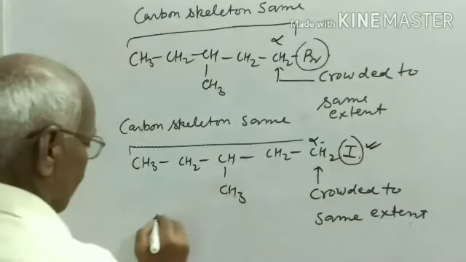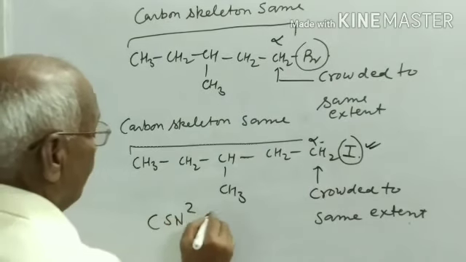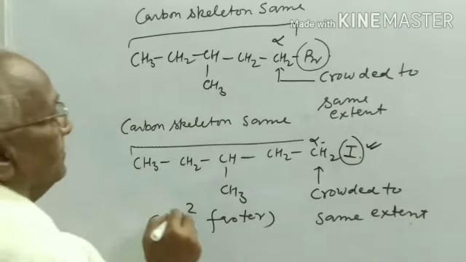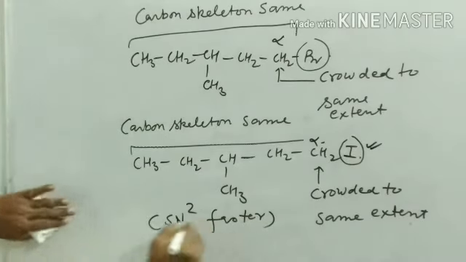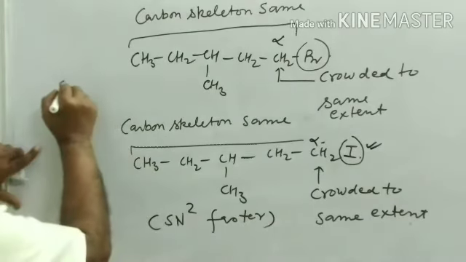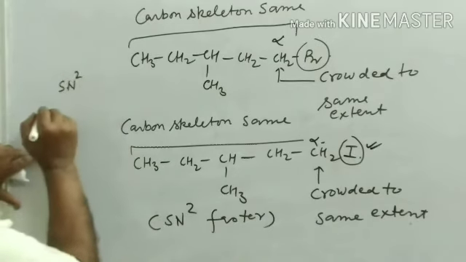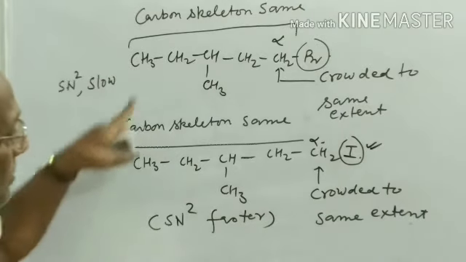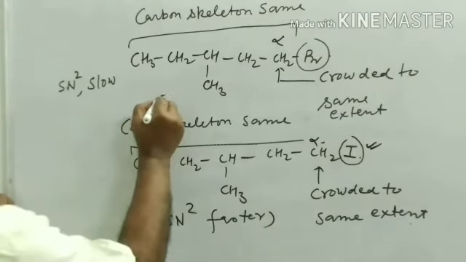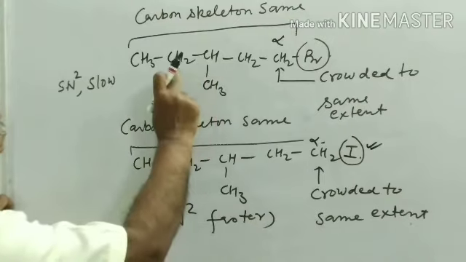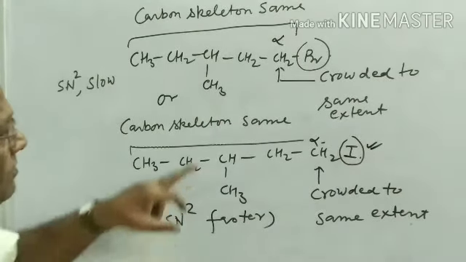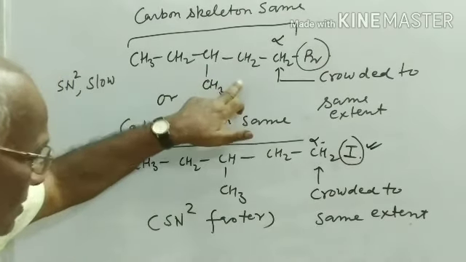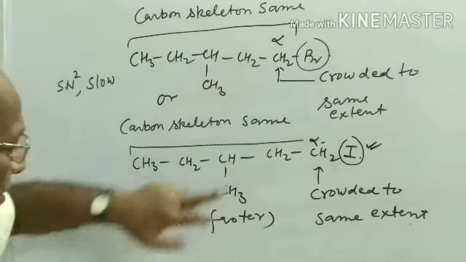So SN2 is faster here, and in this case the SN2 reaction is slow. So in this pair, this is the slow going SN2 reaction, and this is the fast going SN2 reaction.